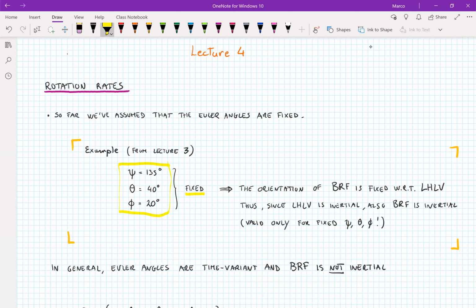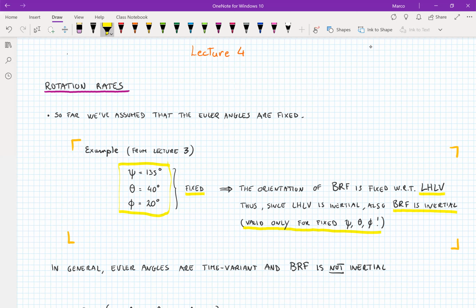Usually, since the LHLV is considered inertial for our applications, if the body frame of reference has a constant orientation with respect to the LHLV, technically the body reference frame is also inertial. But this is only a very particular case, only valid when the three Euler angles are fixed, and this is usually not the case.